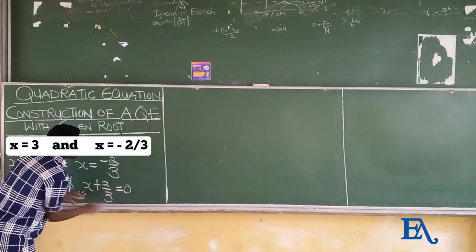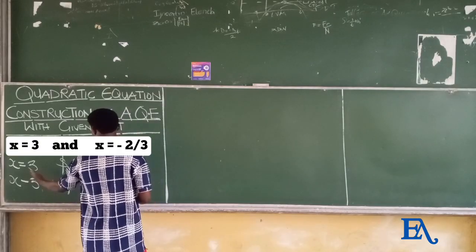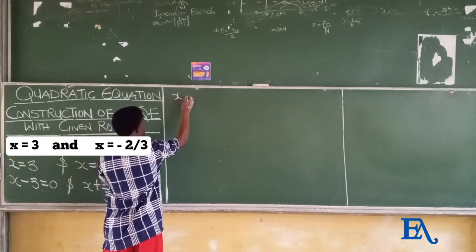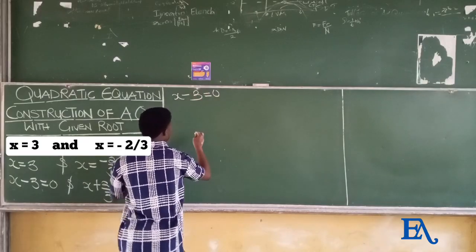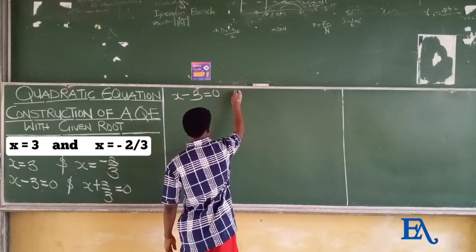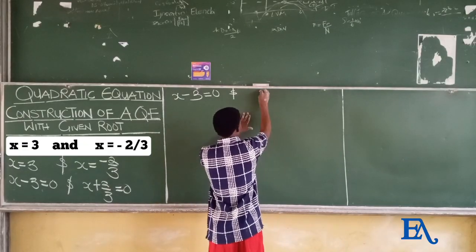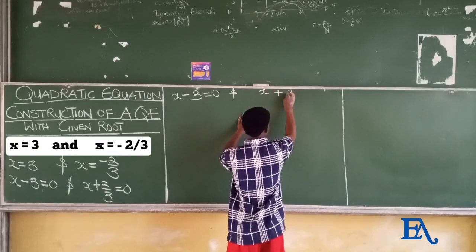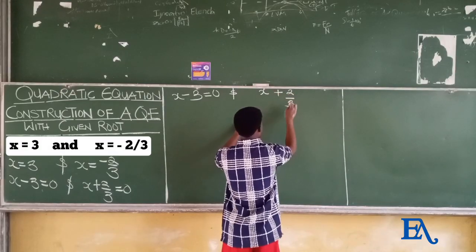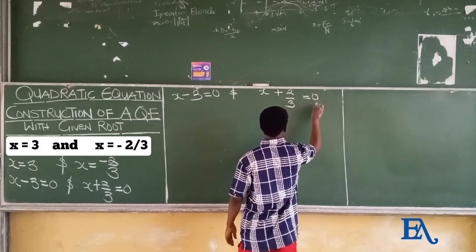This is also equal to 0. So from the first root, we have x minus 3 is equal to 0, and the second root, we have x plus 2 over 3 is equal to 0.